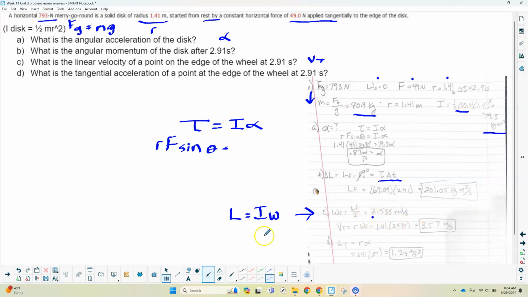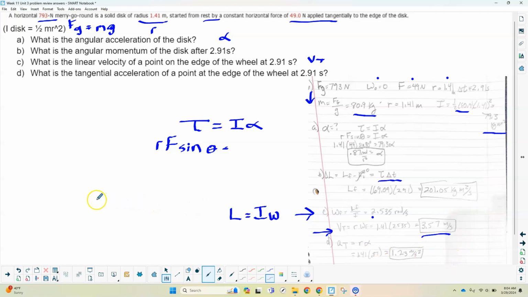But they want the linear, so you're going to have to convert it or use the relationship that the radius, the point at which you're measuring, which is the radius of the disk here, times the angular speed will get you the linear speed. So linear speed is something like 3.57 meters per second.